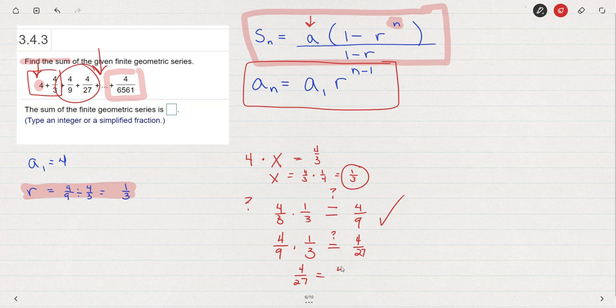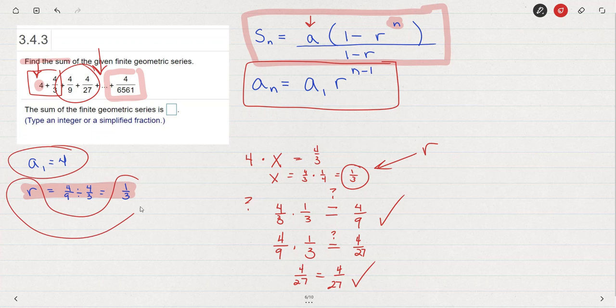Yes, that did work. So what I've determined is that the ratio, the r, is 1/3. That ratio, the r, means what do we multiply one term times to get the next term? So what do I know? I know that the first term is 4, and I know that the ratio between terms is 1/3.